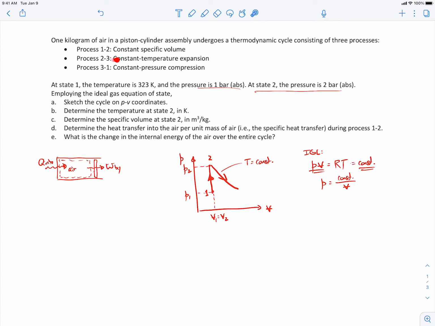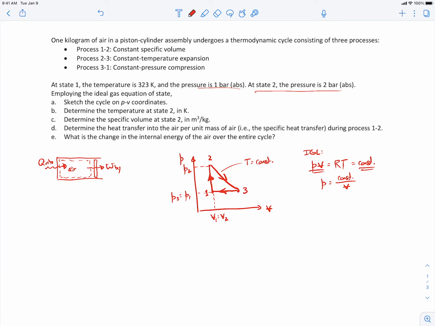So we know that in going from 2 to 3, it's a constant temperature expansion. Expansion means that the specific volume is increasing, so that's why the arrow is going to the right. And then from 3 to 1, it's constant pressure compression. So that means my point 3 should be at the same pressure as P1. So that will look like this.